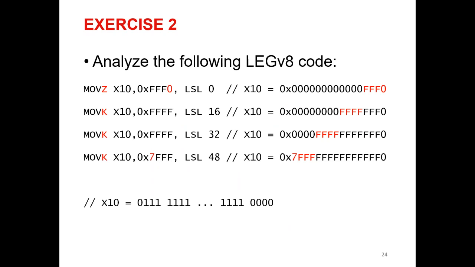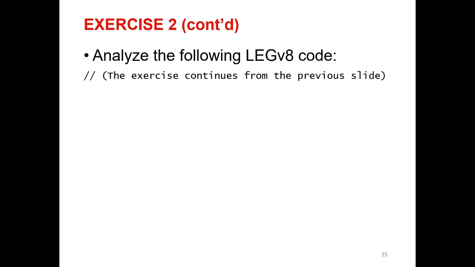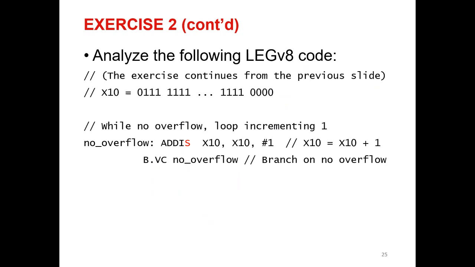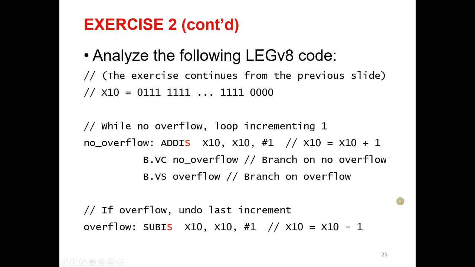Okay, at this point, the value of register 10 is in hexadecimal this and in decimal this. And now what we are doing is, as before, in a loop, adding 1 to register 10, and while there is no overflow, this will loop, and once we have overflow, we will jump to a similar part as before in order to undo the last increment.